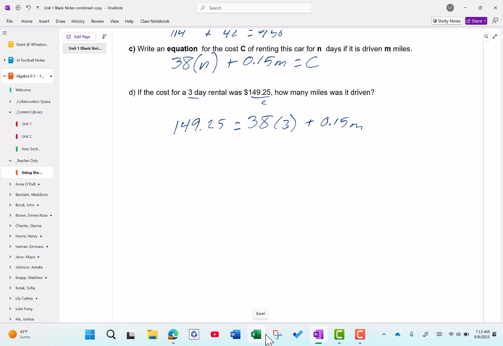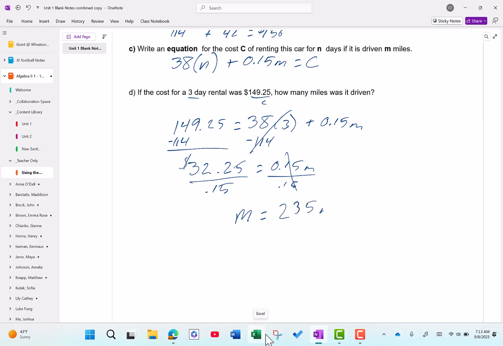So I'm going to subtract 114 from each side. Those will cancel out, and I will end up with $32.25 equals 0.15 m. We'll divide by 0.15 on each side. Now I'll get that I drove 235 miles.